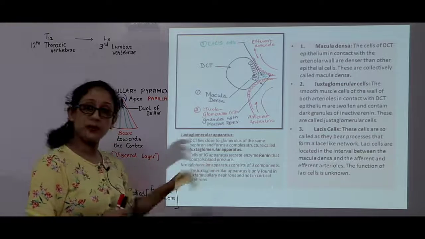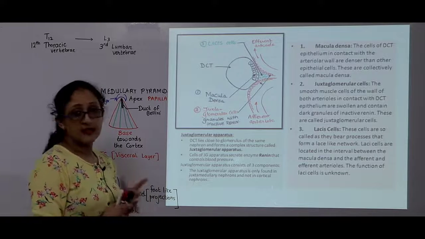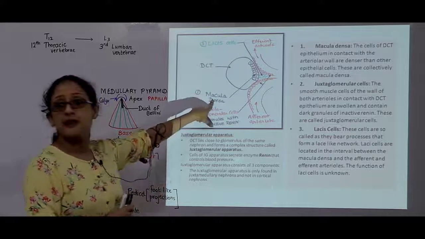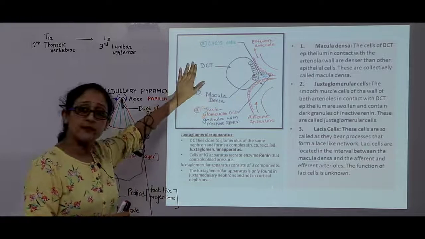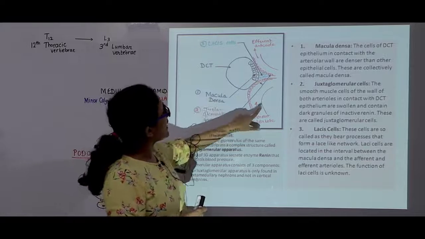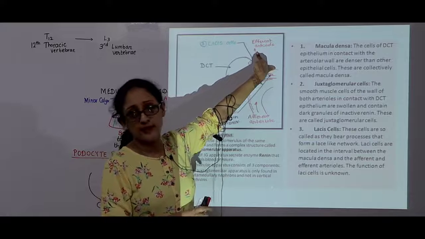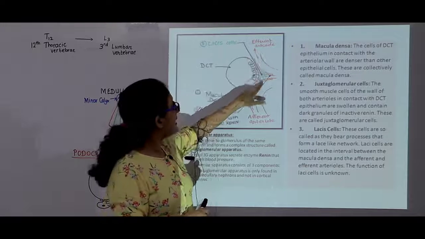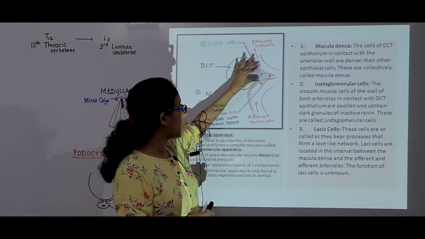It controls blood pressure, it controls the fluid volumes. It contains three parts. The black part is the macula densa of the DCT. The red part is the juxtaglomerular cells of the afferent and the efferent arterioles, and in between them you have the Lacis cells which fill up the gap between the macula densa and the juxtaglomerular cells.